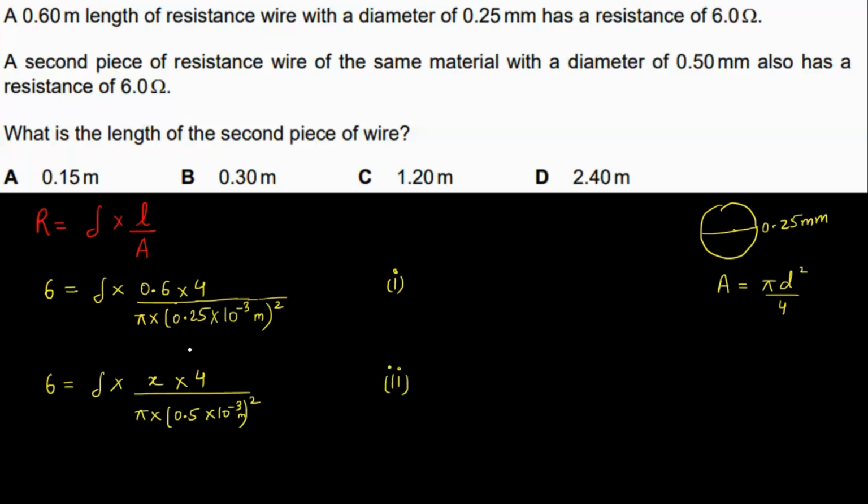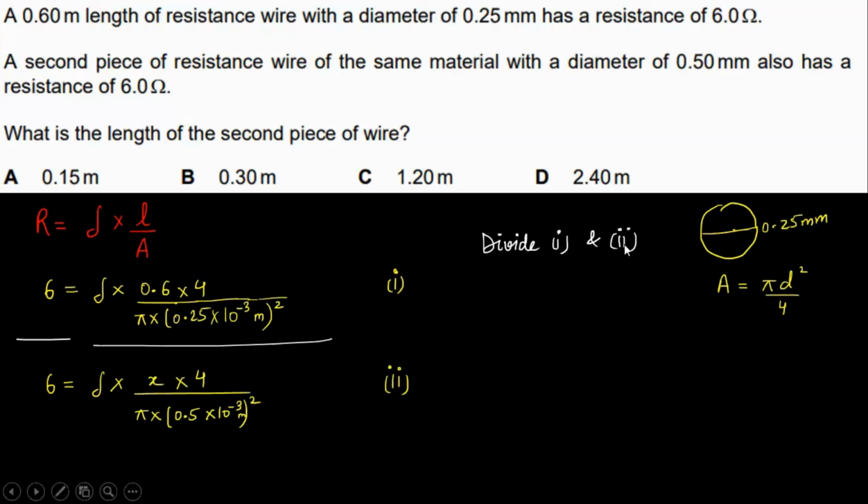So if you divide these two, divide 1 and 2, or you can use substitution method, any method you can use, but I find this method very convenient, so I'm using this method. When you divide, this cancels out, resistivity also cancels out, pi cancels out, 4 cancelled out.